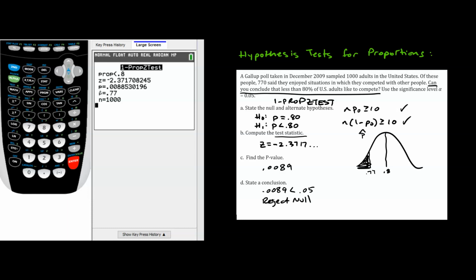And if we're rejecting the null, then we can accept the fact that the proportion of U.S. adults who like to compete is less than 0.8. So the percentage of U.S. adults who like to compete is less than 0.8.